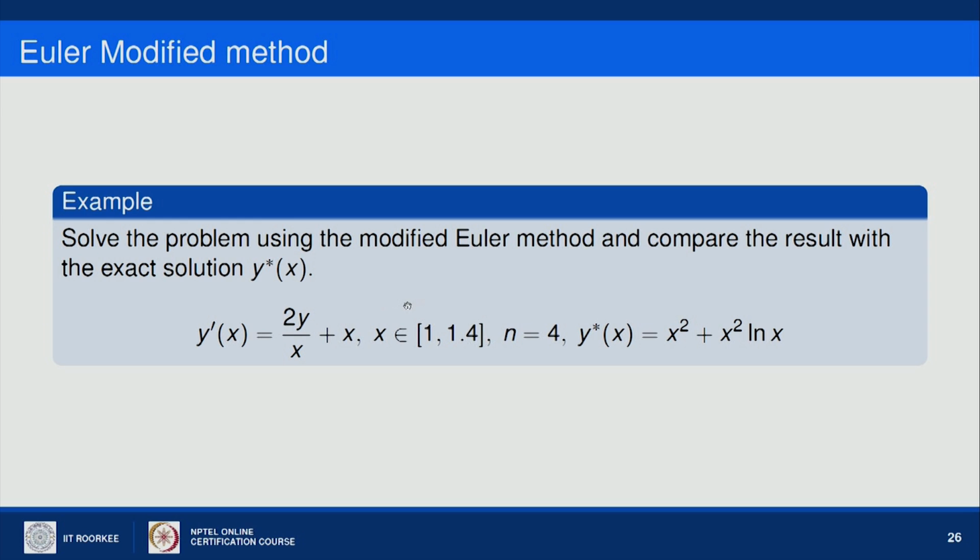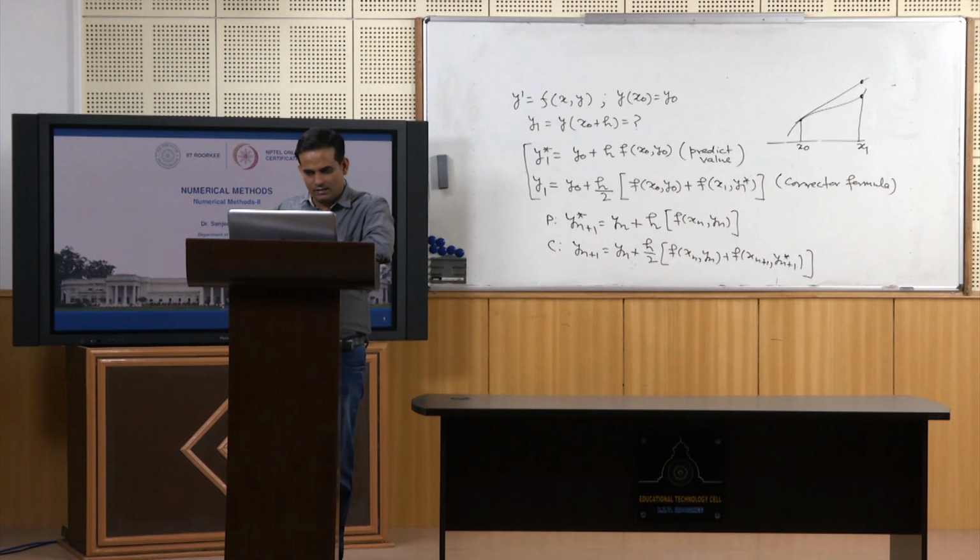So, the example is given by this particular initial value problem. y prime x is 2y upon x plus x, and I need to find the value of y in the interval 1 to 1.4 by taking n equals to 4. At the same time, the exact solution is also given for this differential equation, which is x square plus x square log x with natural base.